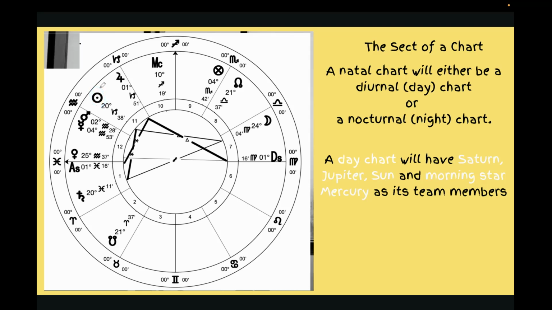On the sun's team, the sun has the planet Jupiter, the planet Saturn, and a morning star, Mercury. I'll explain how to determine if Mercury is a morning star or an evening star. But in this day chart, we have Team Saturn, Team Jupiter, Team Sun, and Team Morning Star Mercury.